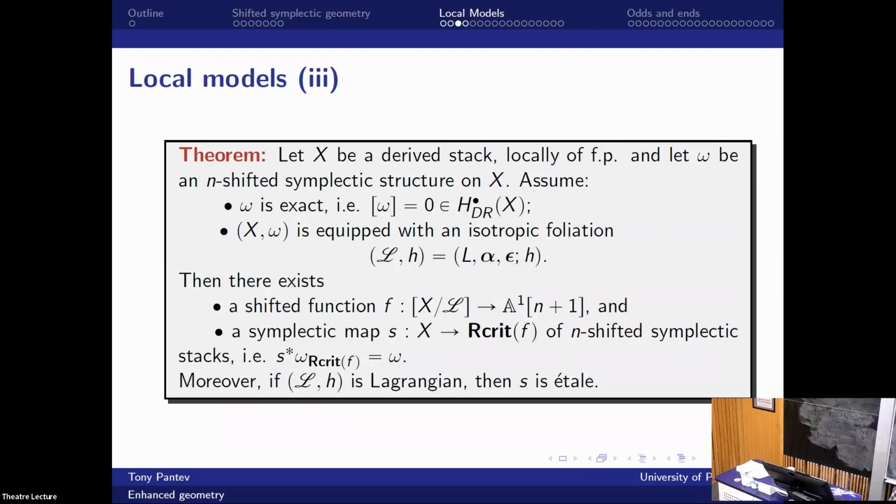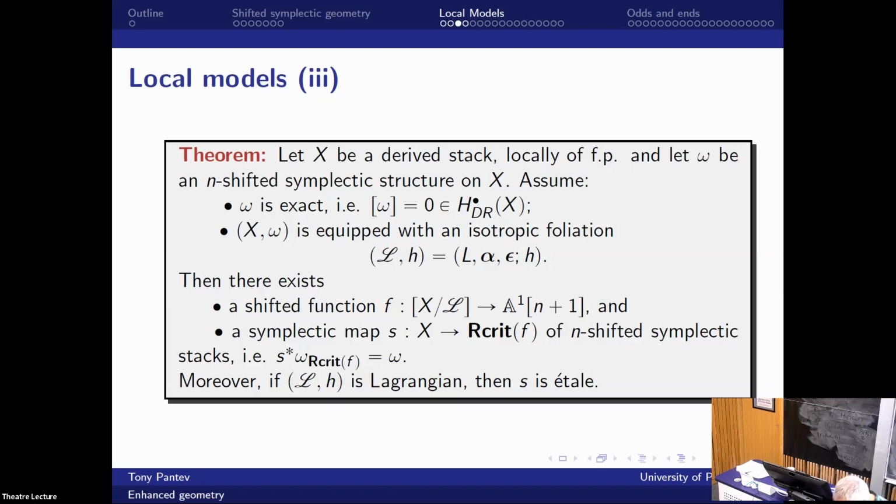So you can find a shifted symplectic structure on something, and that something turns out to be a formal stack that you manufacture out of the foliation. You can quotient your stack by the foliation, you get a formal stack, and then once you know that the class of the symplectic form is 0 and the foliation is isotropic, there is a shifted function on that formal stack quotient.